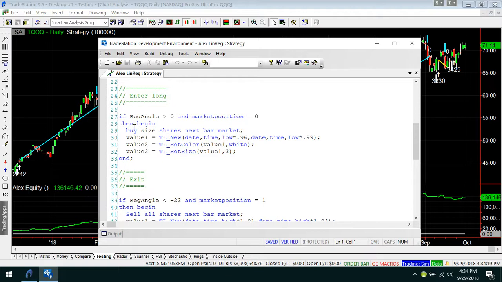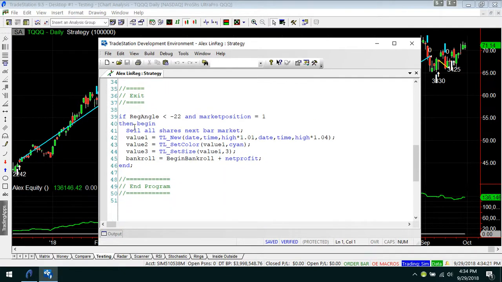That's all there is to it. And for exiting, I played around a little bit and found that if the regression angle is less than 22 and the market position is 1, that means you are in a position. So if it gets down to 22, then you should sell. And that's what this says here, sell.